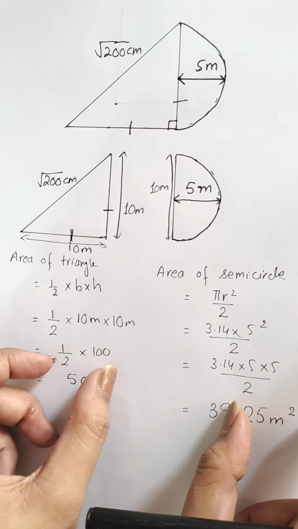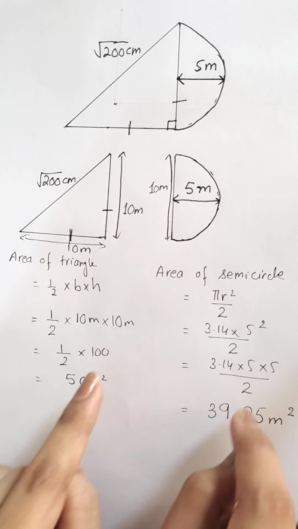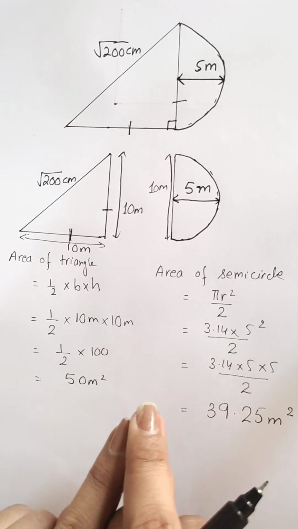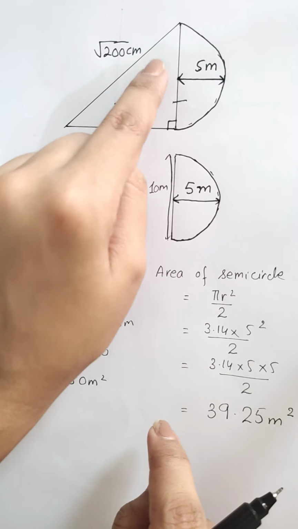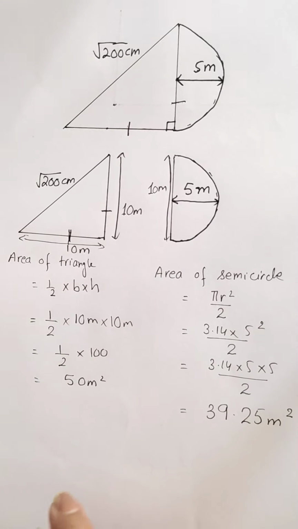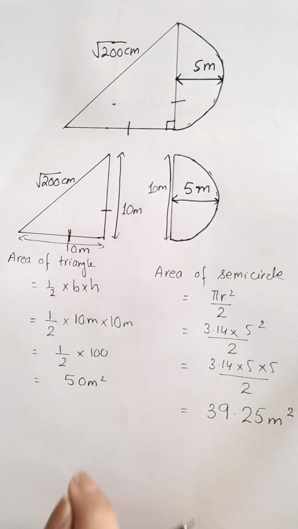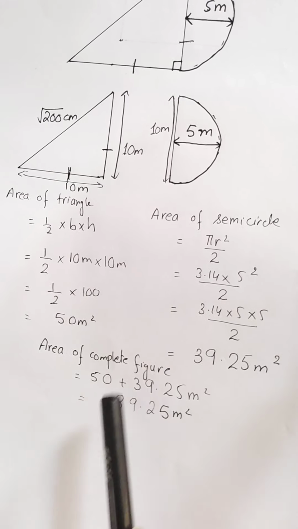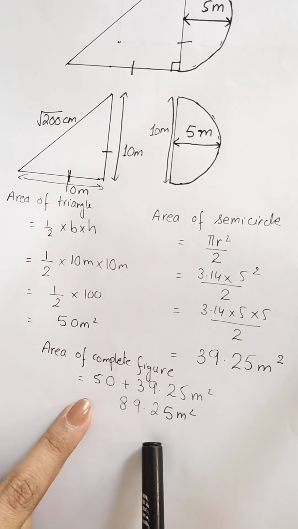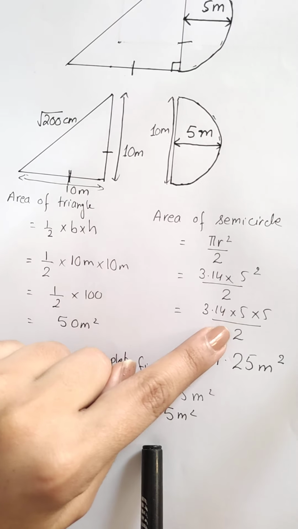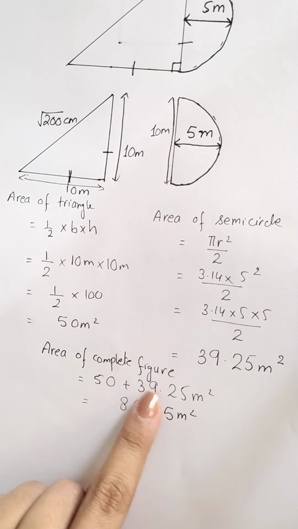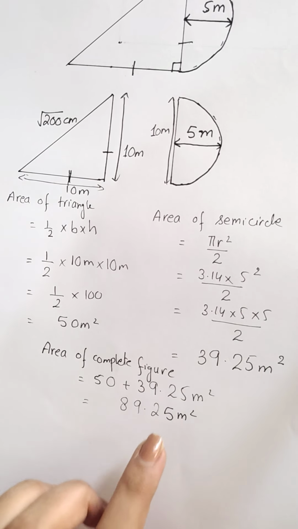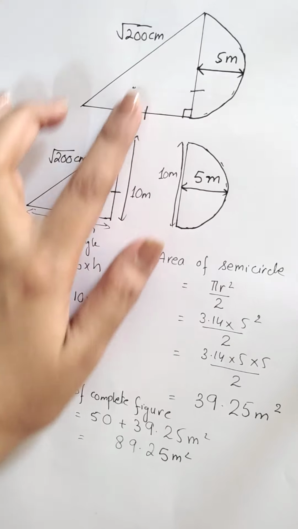Now we will add these two areas and get the answer for this figure. So the area of the complete figure is the area of the triangle, 50, plus the area of the semicircle, which is 39.25. Both areas add up and you will get the answer 89.25 meter square, which is the area of this shape.